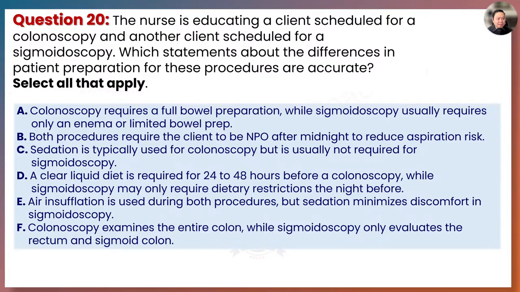Options: A. Colonoscopy requires a full bowel preparation, while sigmoidoscopy usually requires only an enema or limited bowel prep. B. Both procedures require the client to be NPO after midnight to reduce aspiration risk. C. Sedation is typically used for colonoscopy, but is usually not required for sigmoidoscopy.